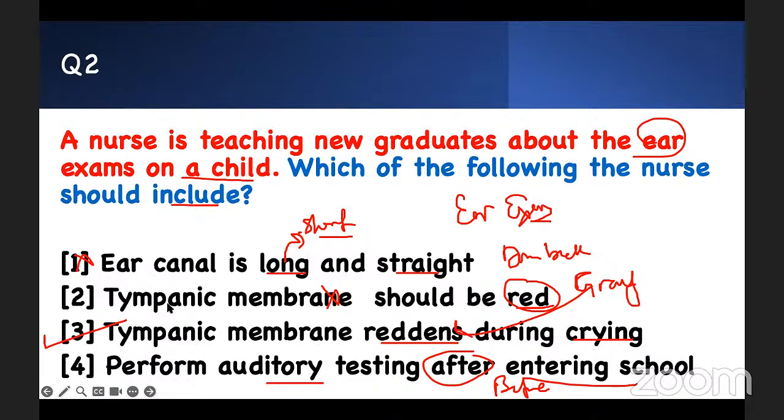So the correct answer is number 3. The ear canal is not long, it's short and straight. The tympanic membrane is gray, and when they cry, it becomes red. And you do testing before they go to school. So the right answer is number 3.